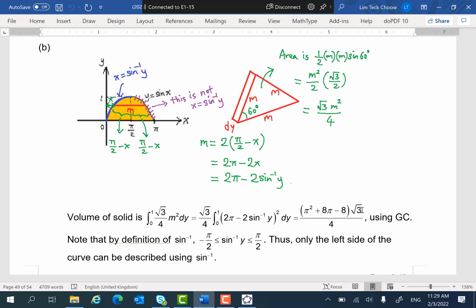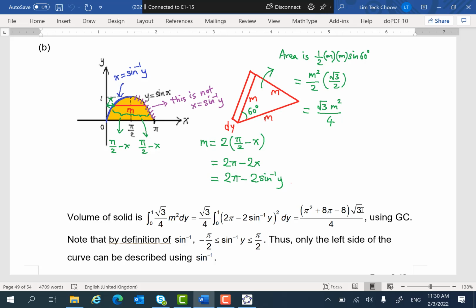And we know the relationship between x and y, and we now replace the x with sine inverse of y, because we have the equation that links x and y, and the equation is none other than y equals sine x. So x is now replaced as sine inverse y.